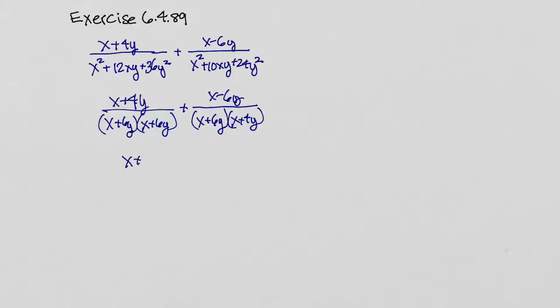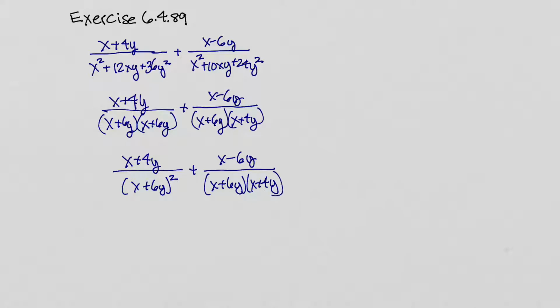So I'll have x plus 4y over x plus 6y squared plus x minus 6y over x plus 6y, x plus 4y. Now here's our LCD. We got the denominators factored. We can just write this off.